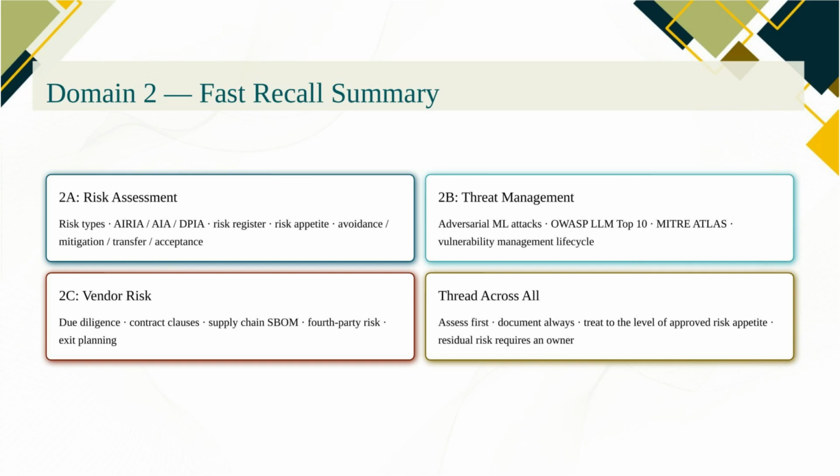For 2C, vendor risk, know the due diligence framework, the key contract clauses, SBOM for supply chain risk, and the exit planning requirements. The thread that connects all 3 sub-areas is this: assess first, document always, treat to risk appetite level. That sequence, applied consistently, will get you through most Domain 2 scenarios correctly.